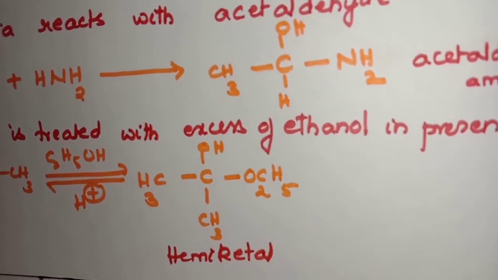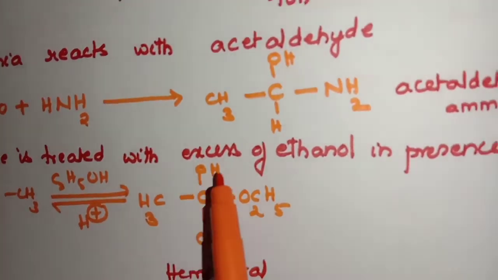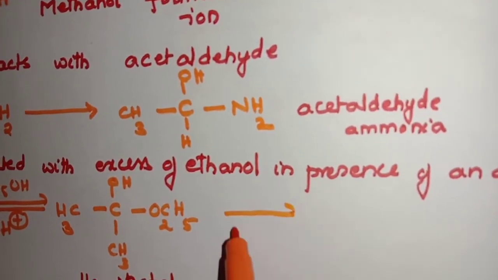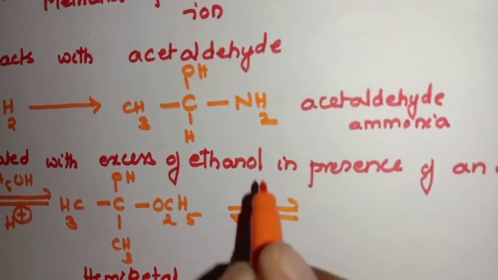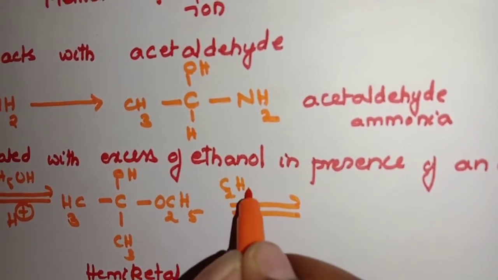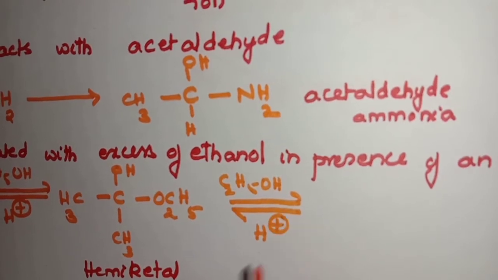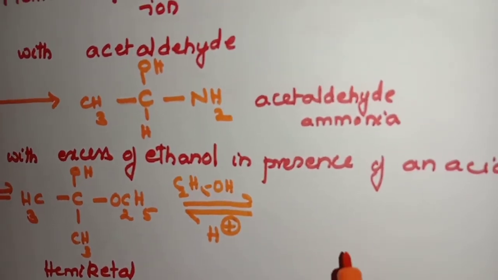So what is the question given? Acetone is treated with excess of ethanol. That means it further reacts with ethanol, C2H5OH, in the presence of an acid. So what happens?